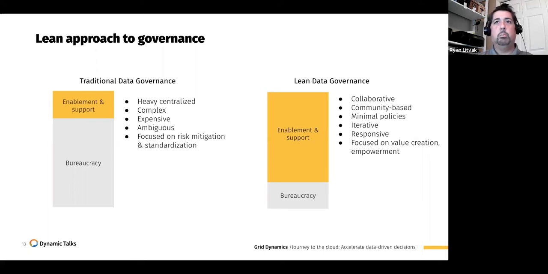And we've been able to be a lot more responsive and focused on value creation. So this has taken the form of change management processes that we've been implementing. And through that platform, we're able to identify the right ownership and be able to segment the data so that they can own their own data.